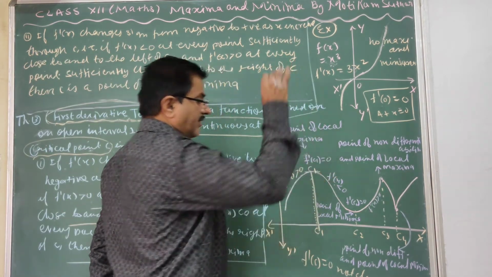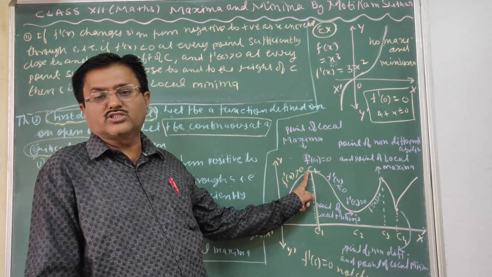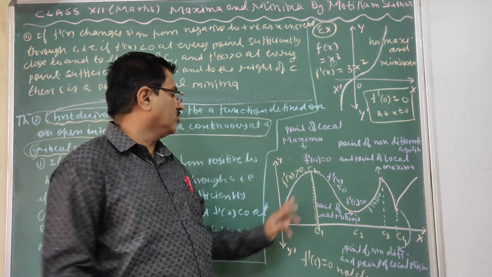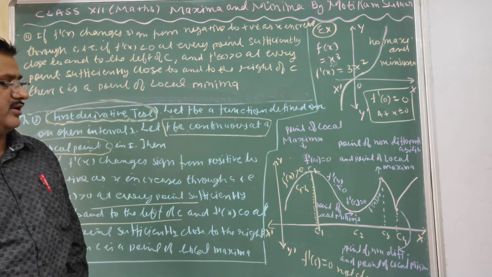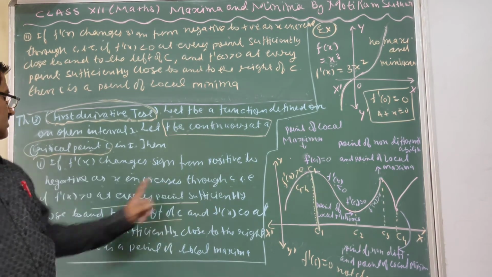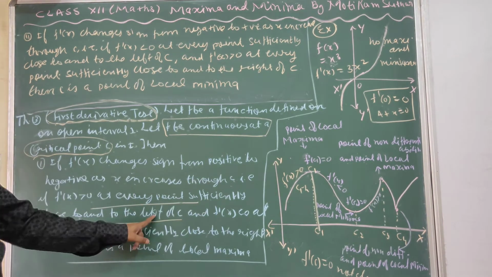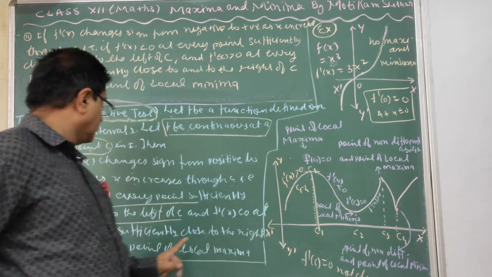This is our c1. Now a point very close to c1 and to the left of it, c से कम कोई भी वैल्यू, suppose c1 minus h, at this point. Clear? So at every point sufficiently close to and to the left of this point.